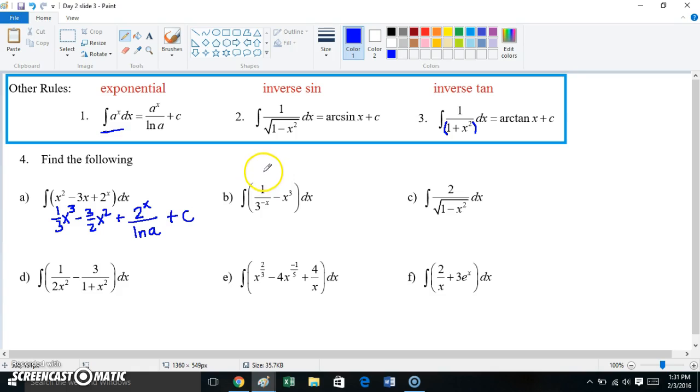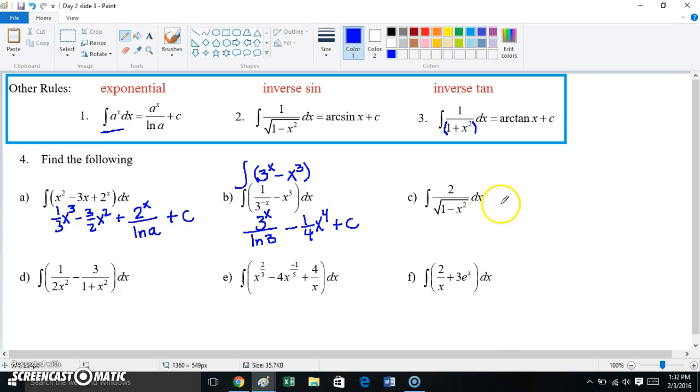Let's rewrite 1 over 3 to the negative x as 3 to the x. Okay, the integral of 3 to the x minus x cubed will be 3 to the x divided by the natural log of 3 minus 1/4 x to the 4th plus c.